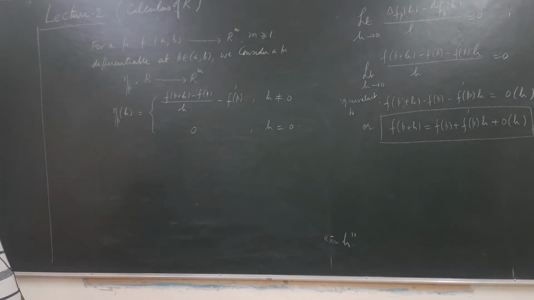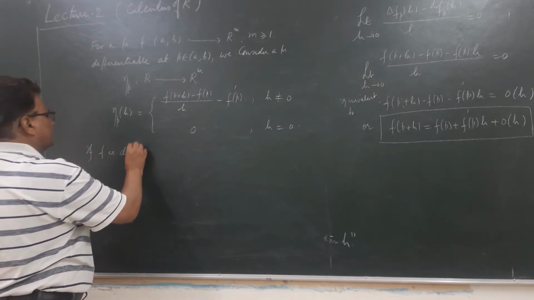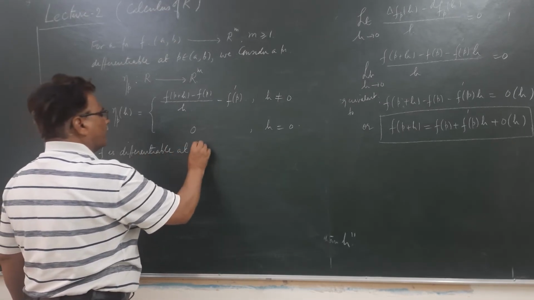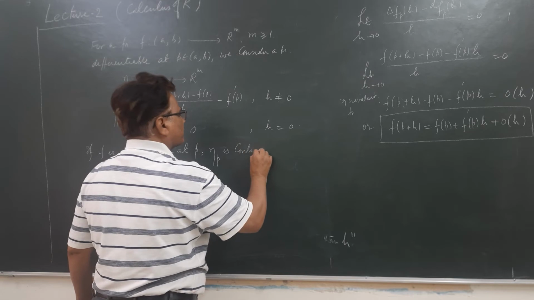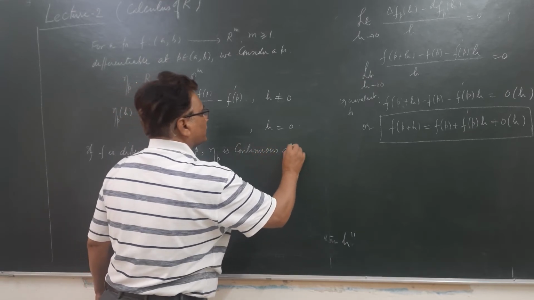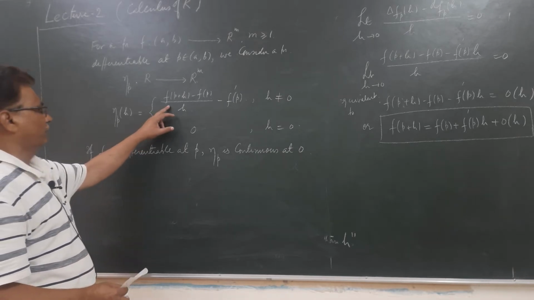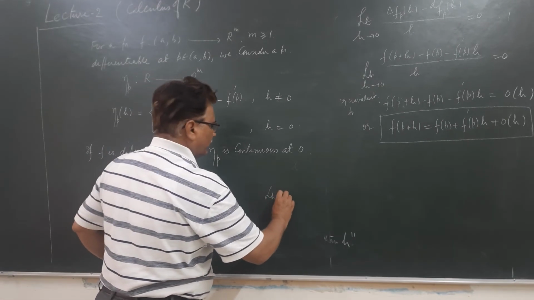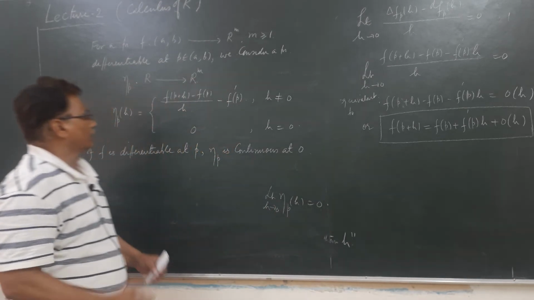This is easy to observe, because for continuity what you have to check is that the limit of eta p(h) when h tends to 0 must be 0.